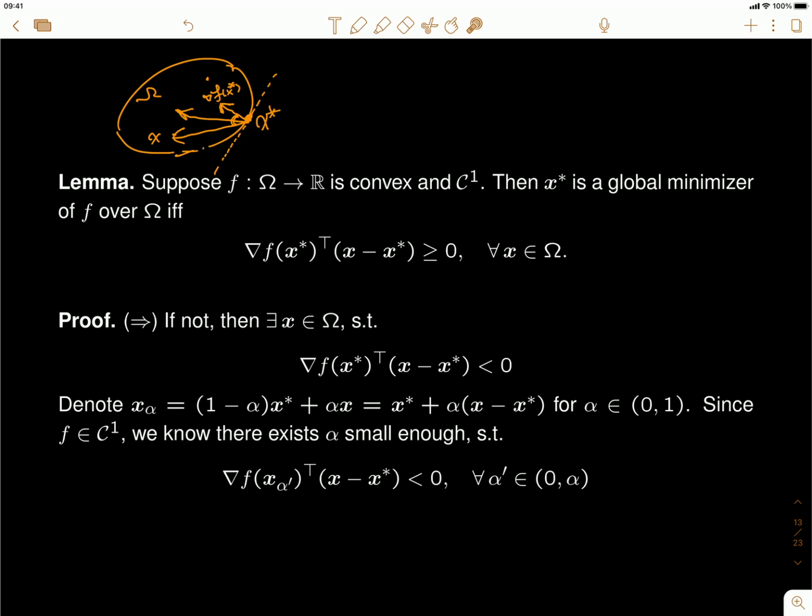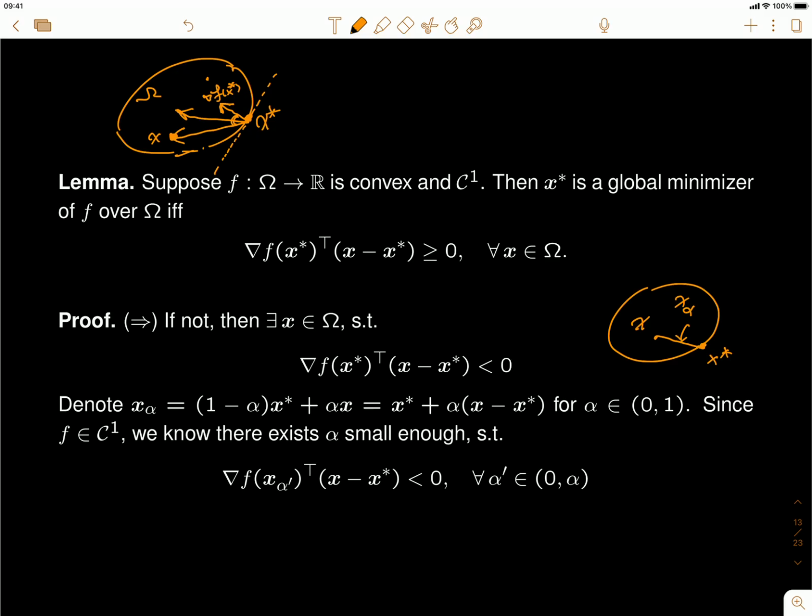So I have this x alpha here. If you draw the picture, say this is x star, and I found this x here such that x alpha is written as some point in between.